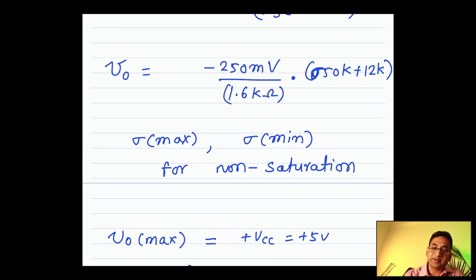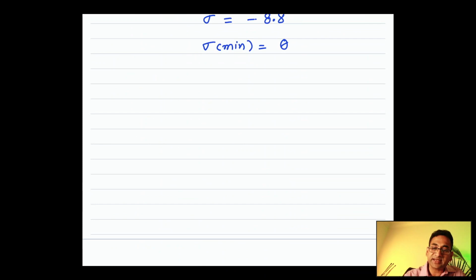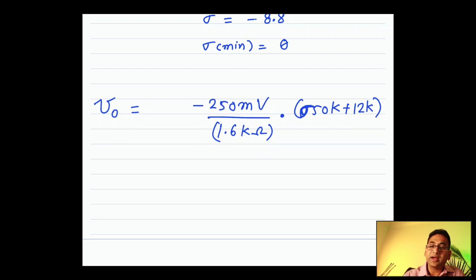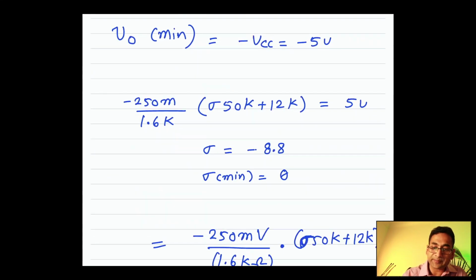Similarly, what we do is to equate all of this. In this equation, I'm going to copy this and paste it over here. Now, in order to avoid saturation, earlier we had this, right? VO is this. So VO minimum is negative 5 volts.